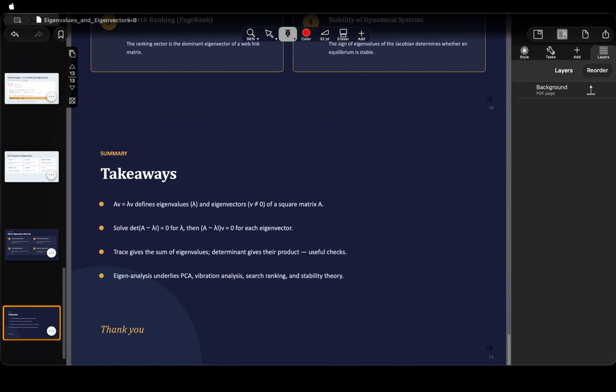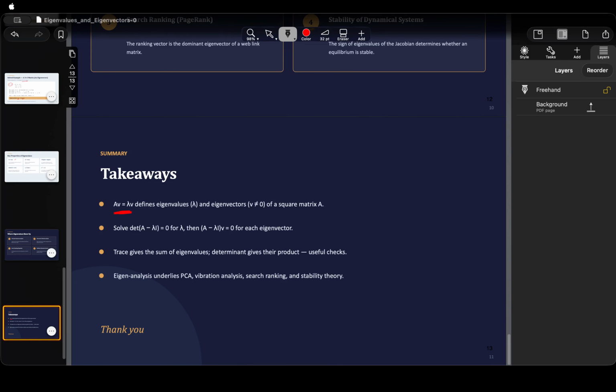A few takeaways you might want to think about: a matrix times v, which is a scalar multiple of the vector, is equal to lambda v, where lambda is the eigenvalue and v, which is non-zero, is the eigenvector.